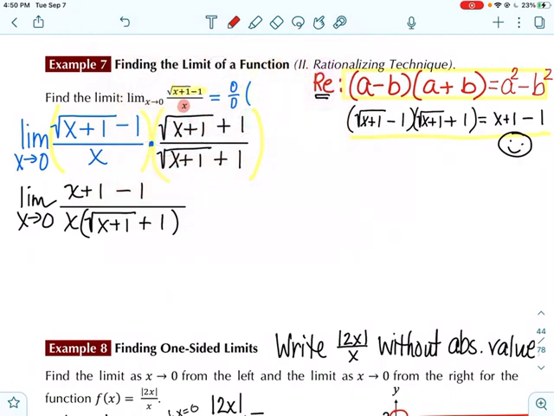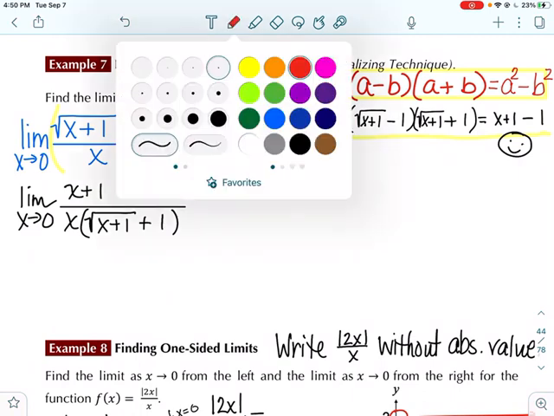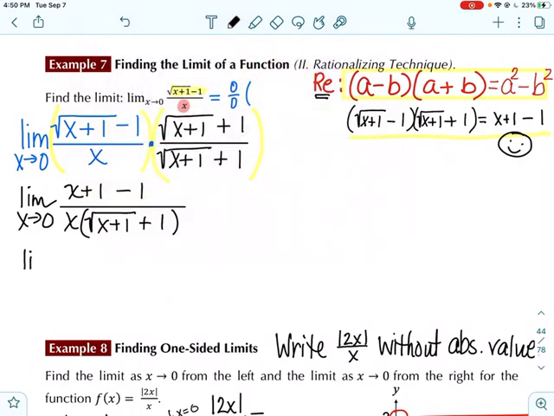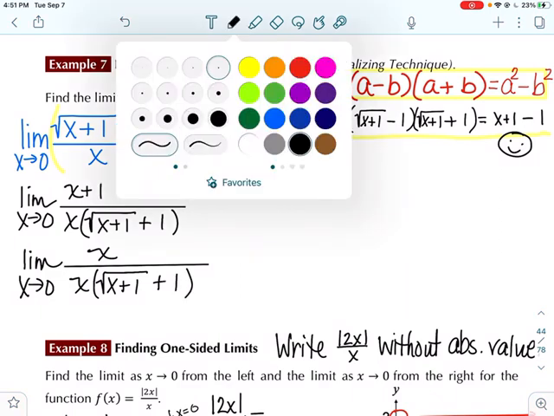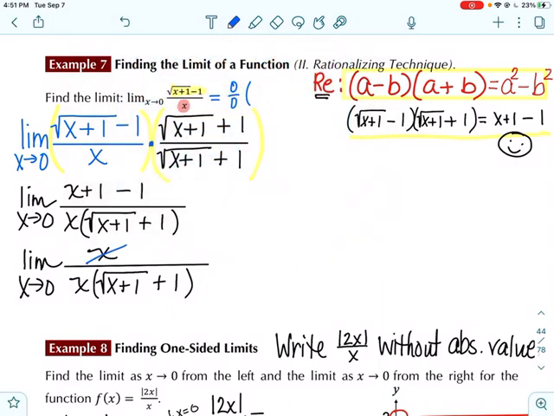So you can't forget to do that. Now we have the limit as x approaches 0 of x all over x times the square root of x plus 1 plus 1. It's still indeterminate, but you have an x as a factor in the numerator and the denominator, so we can now cancel those.